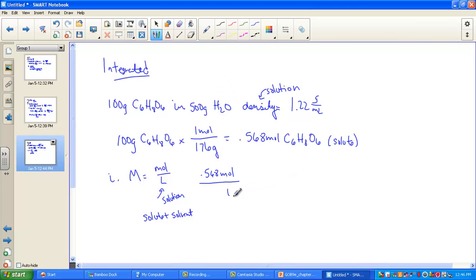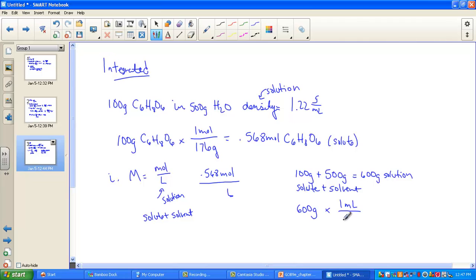So let's do some work here. We've got to figure out the volume, but we have two masses. 100 grams of my solute and 500 grams of my solvent give me a total mass of 600 grams of the entire solution. The mass of the solute plus the mass of the solvent will give me the mass of the entire solution. 600 grams of our solution, and now we want to convert into milliliters.